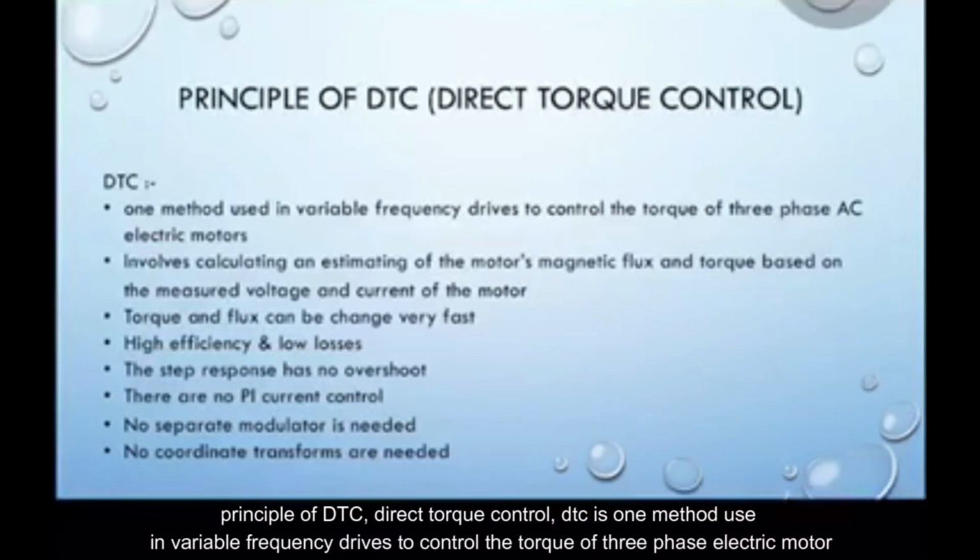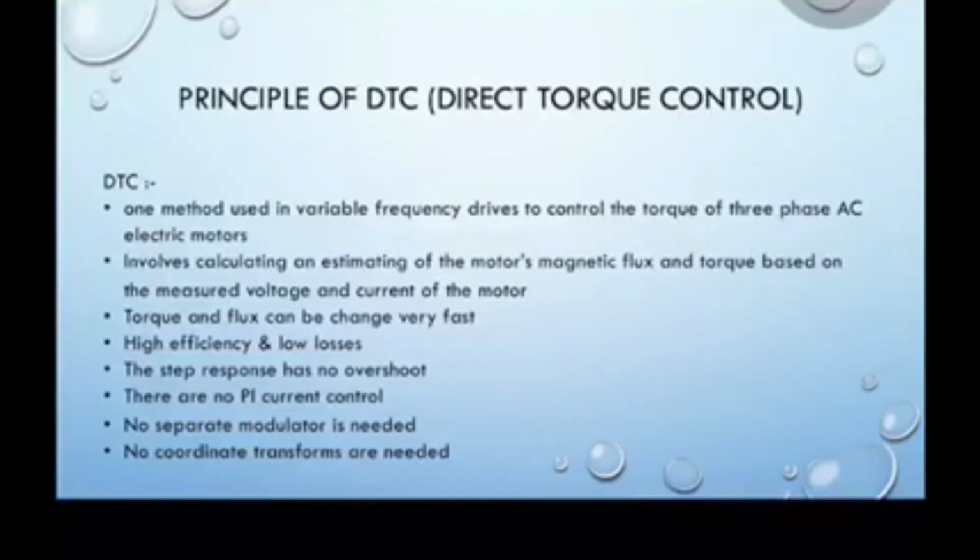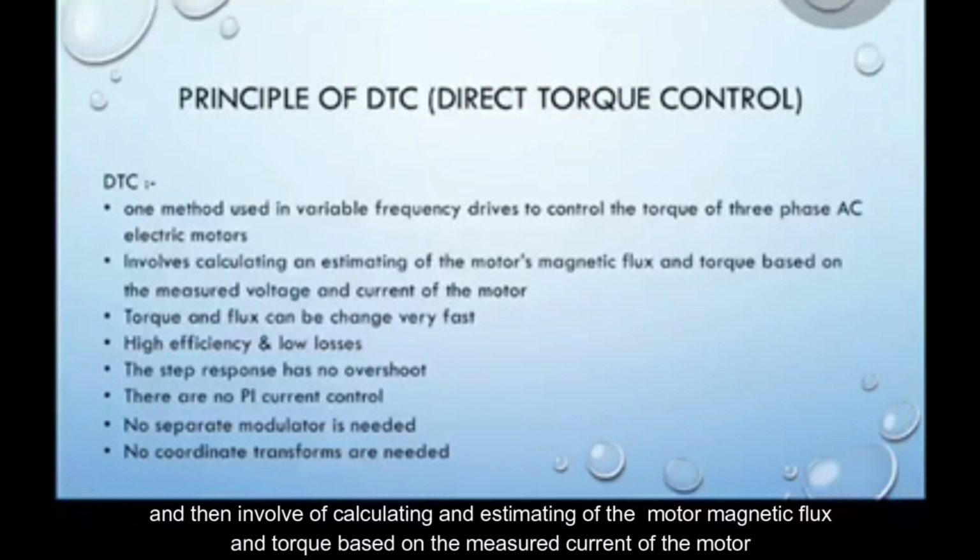Principle of DTC, Direct Torque Control. DTC is one method used in variable frequency drives to control the torque of three-phase AC electric motors, and it involves calculating and estimating the motor magnetic flux and torque based on the measured voltage and current of the motor.